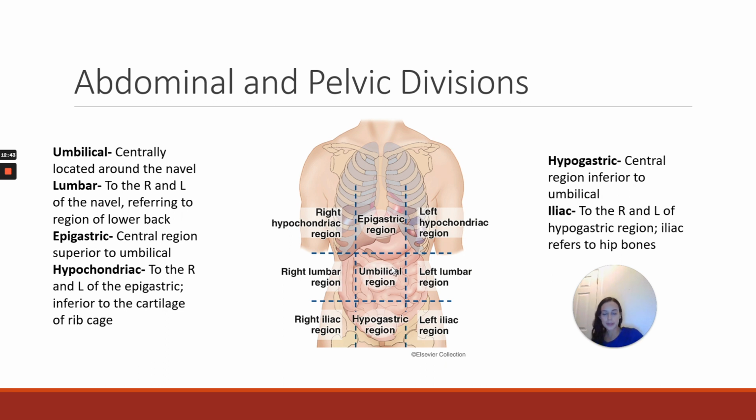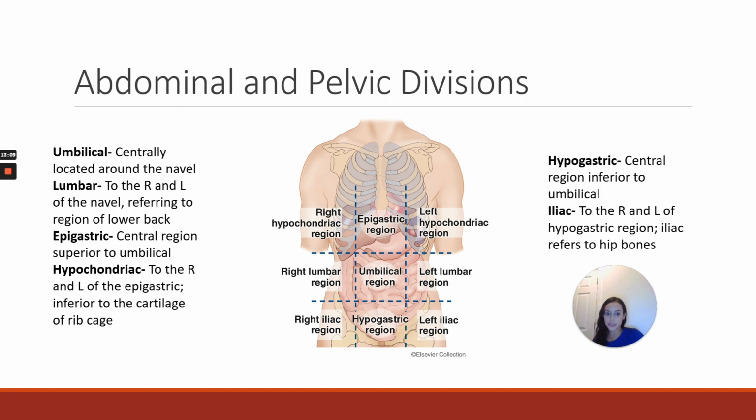That's why it's lumbar. If you're looking at the hypogastric region, hypo means below. Hypogastric, so below the gastric region, if you want to call it that. You have here it is, the hypogastric, my bad, central region, inferior to the umbilical, so inferior to the center. You have the right iliac region, the left iliac region.